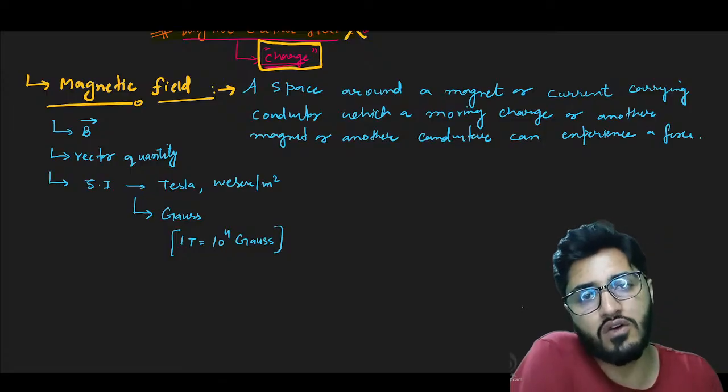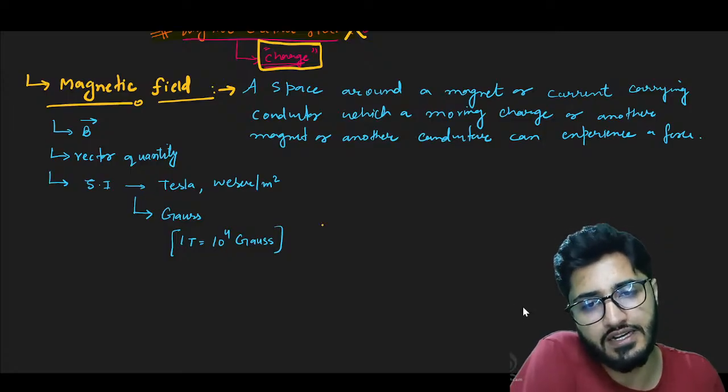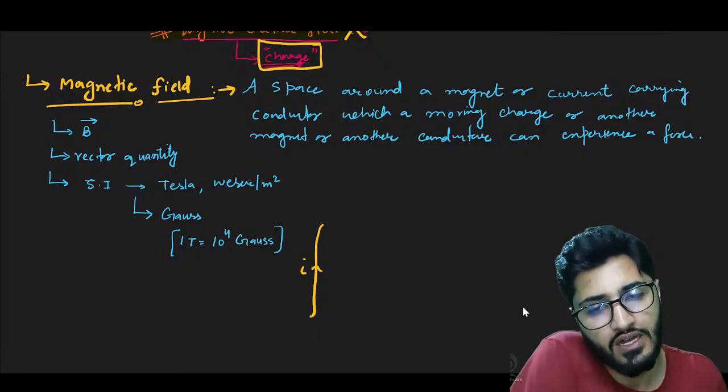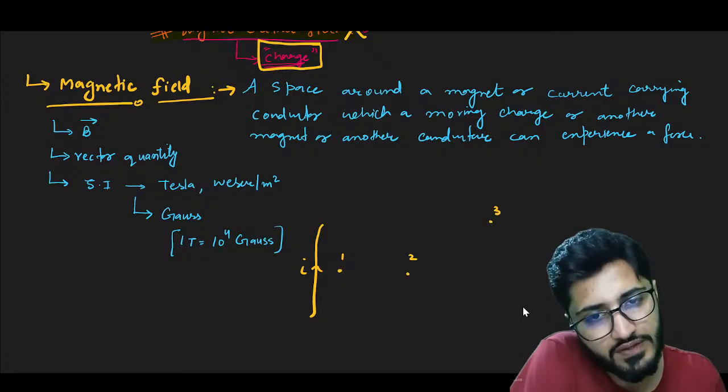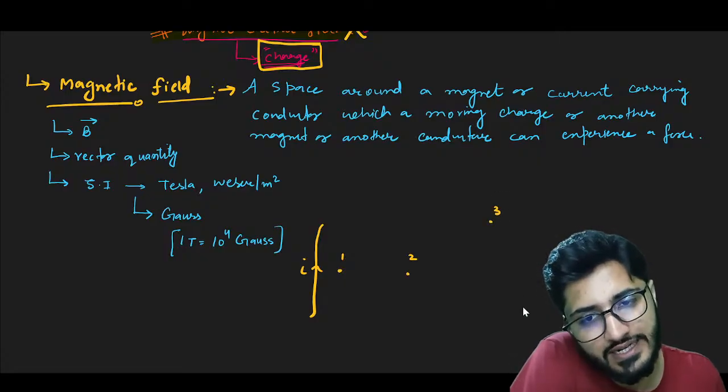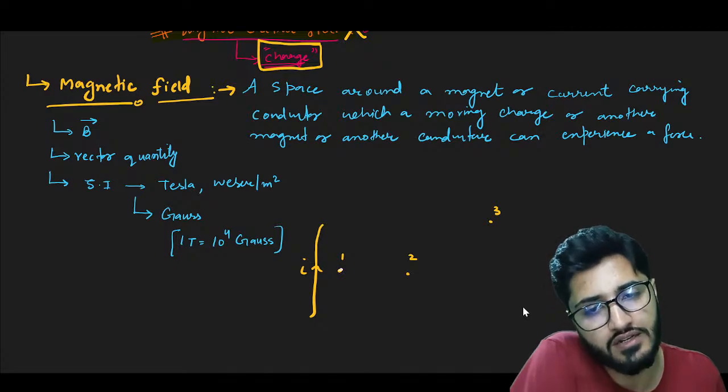Now, if here we have a conductor, this is my conductor, here with current I. Now, point number 1, point number 2, point number 3. This conductor will produce a magnetic field: at 1 it will be B1, at 2 B2, and at 3 B3.